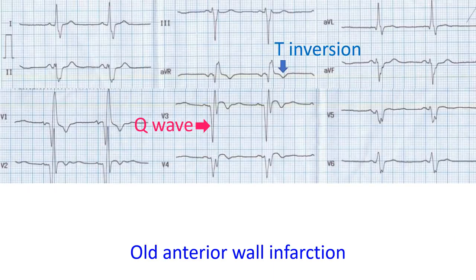ST segment elevation is seen soon after the blood vessel becomes blocked in a heart attack. When the person recovers from the heart attack, ST segment elevation subsides and becomes isoelectric as seen in several leads in this ECG. The T waves become inverted as seen in leads V2 to V4.